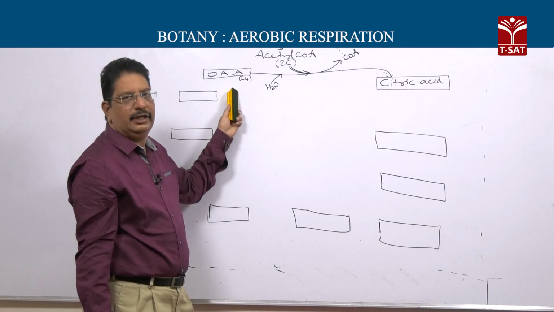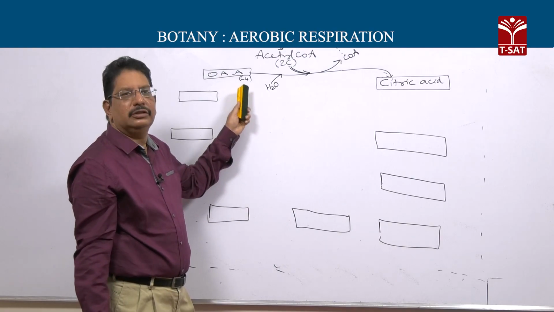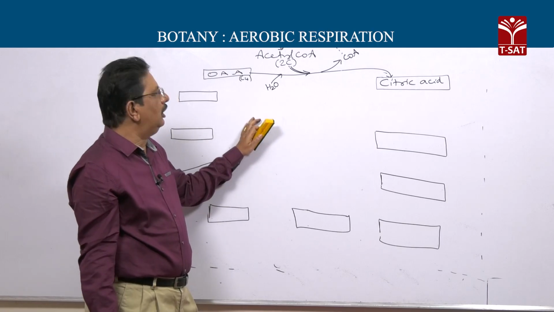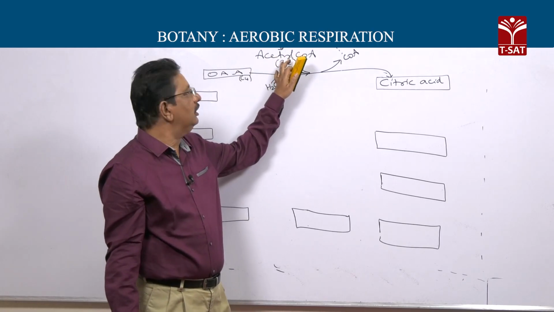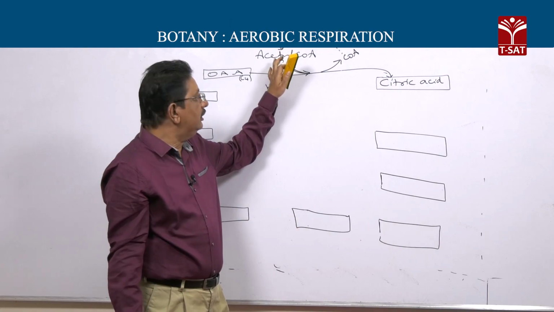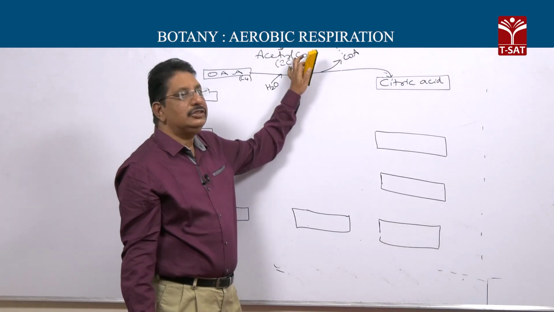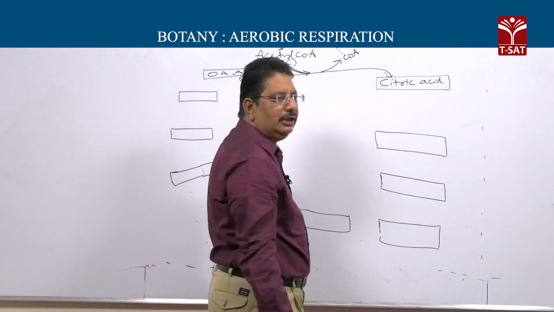So OAA is a prepared substance in the mitochondrial matrix taking part in the oxidation and decarboxylation of the acetyl coenzyme A. So on condensation, acetyl coenzyme A forms citric acid.